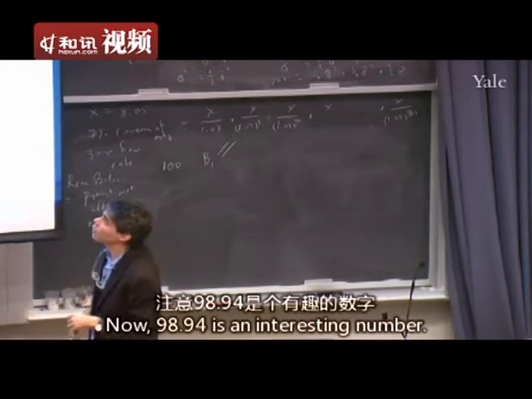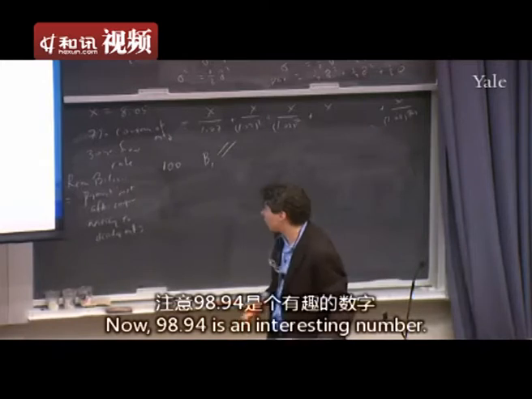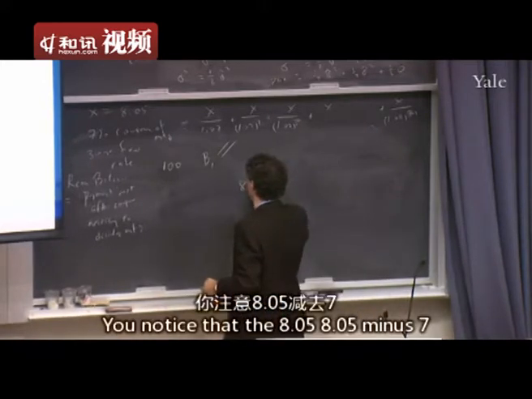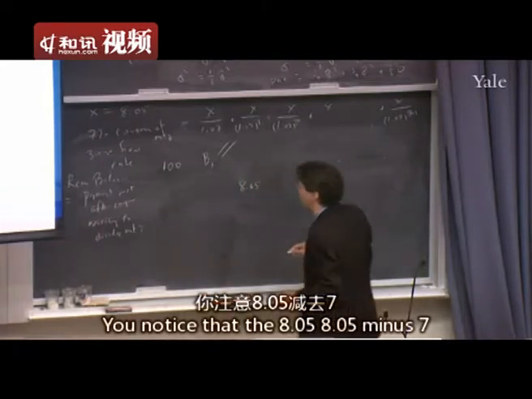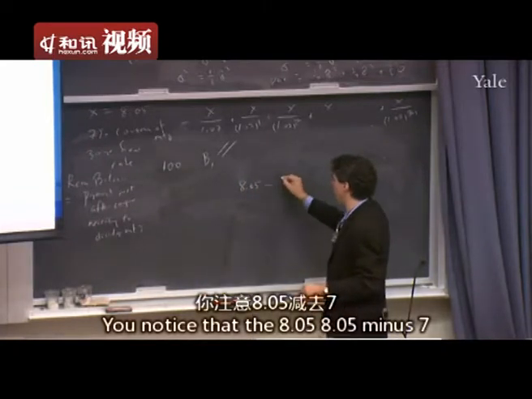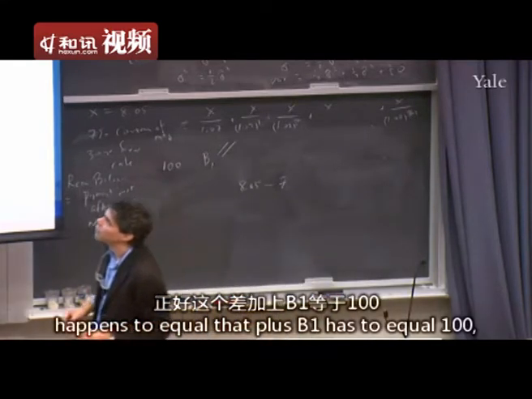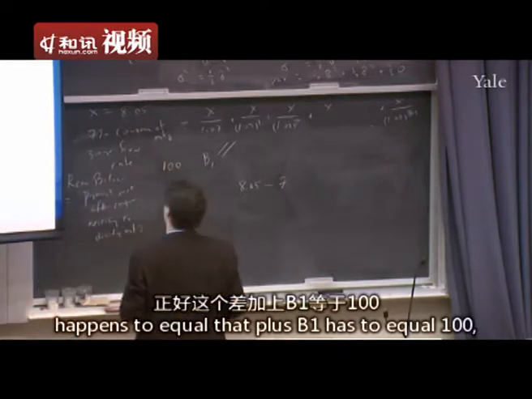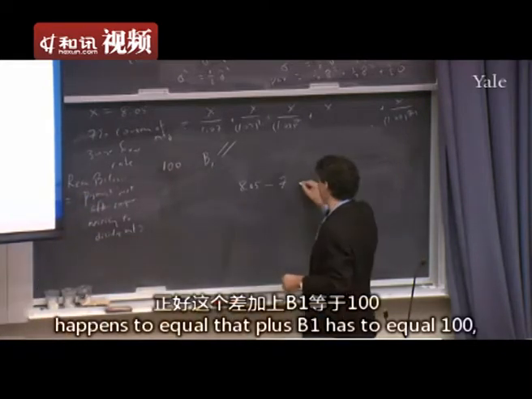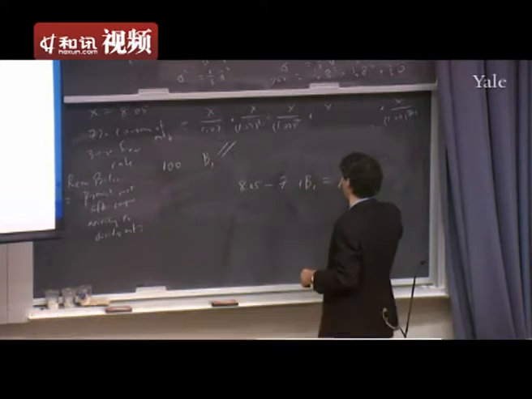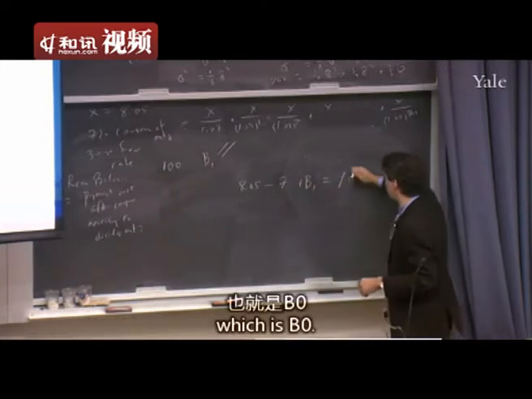Now that 98.94 is an interesting number. You notice that 8.05 minus 7, plus B1, has to equal 100, which is B0.